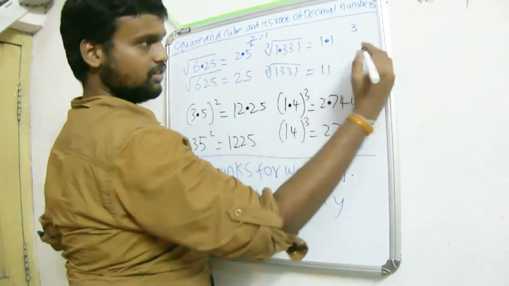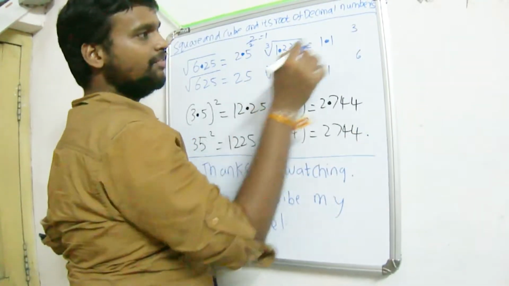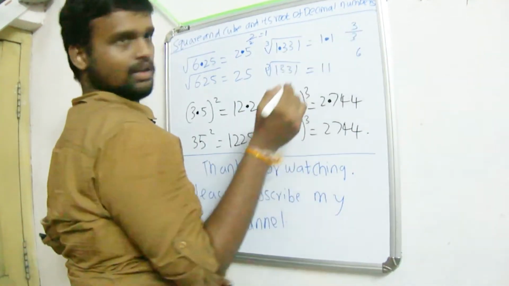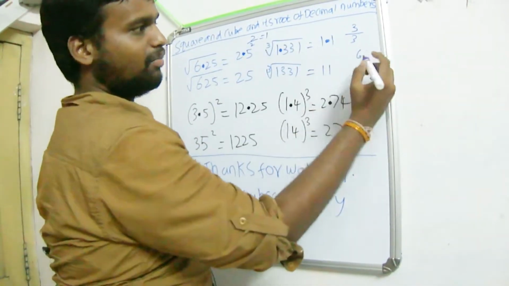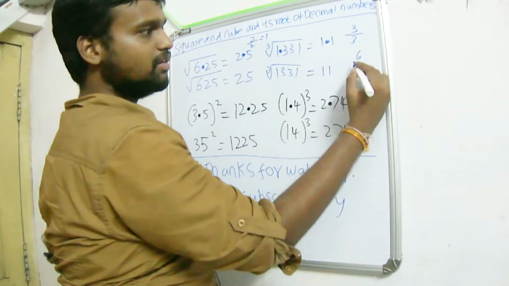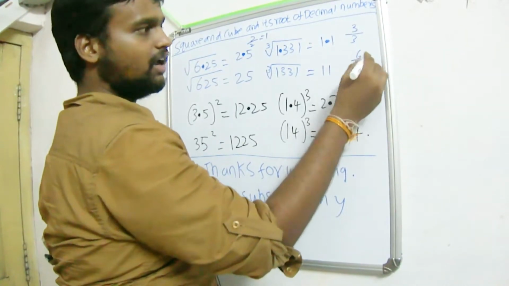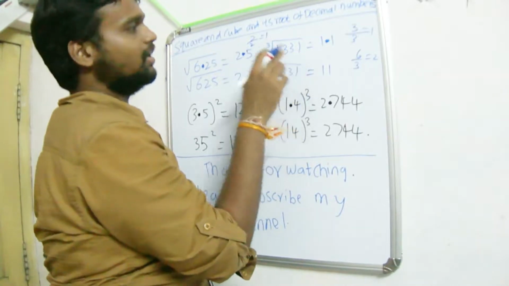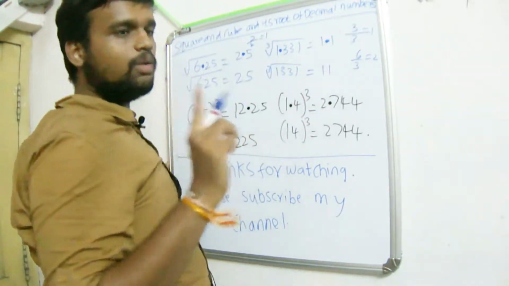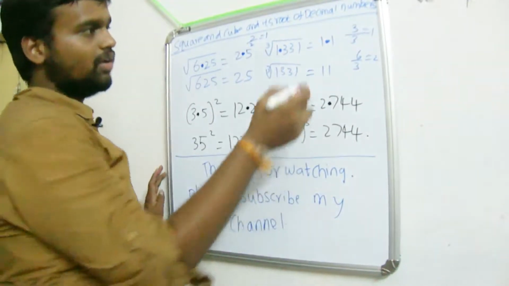If it were 6, then we must divide it by 3, and you get 2. In the case of square, we divide by 2, but in the case of cube, we divide by 3. Since we have only 3 digits after the decimal point, the cube root would have only 1 digit after the decimal point. That's why we write 1.1.